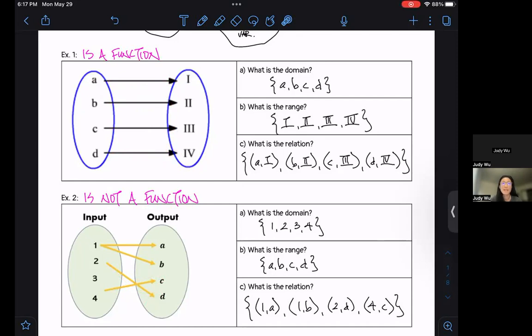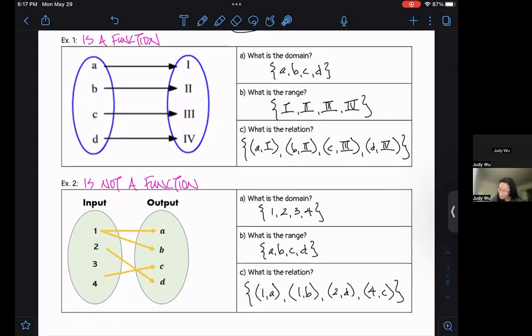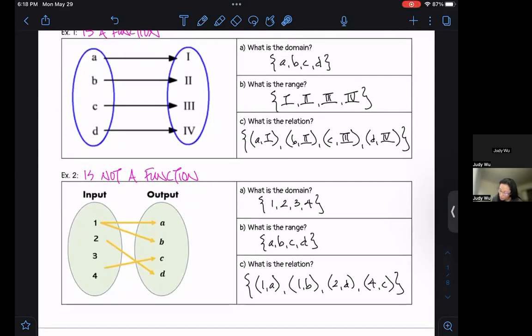What makes example 1 a function is that every input value only goes to one output value. Let me say that again. Every input value, for example C, only goes to 3. If we look down at example 2, 4 goes to C, that's fine. But where does this break down?